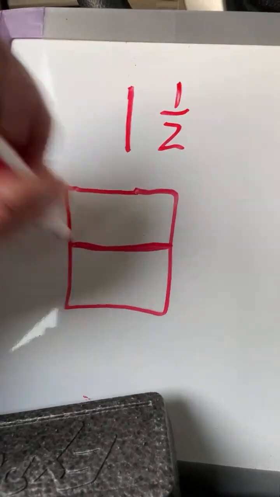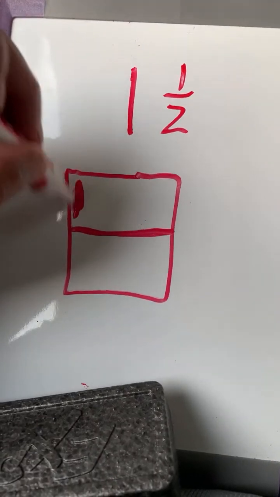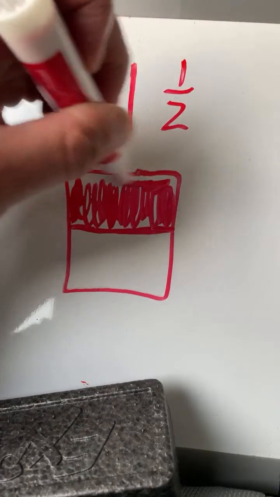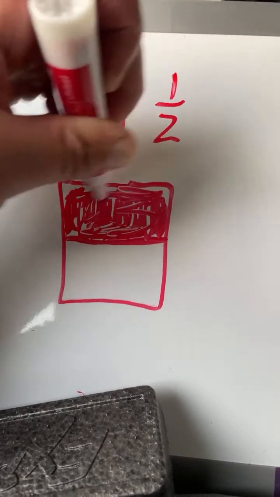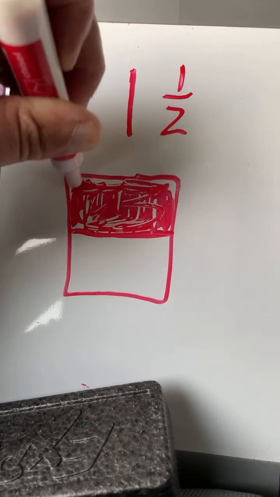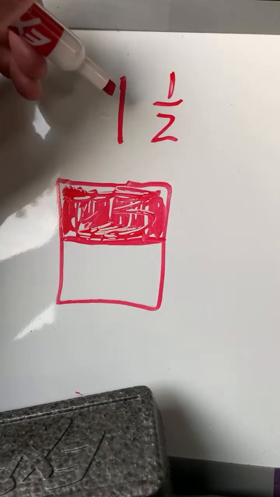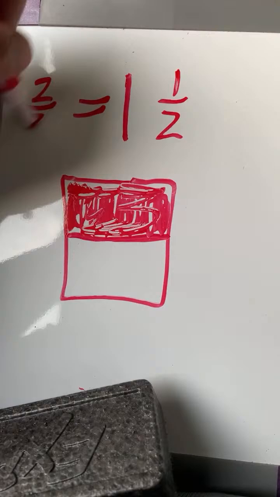So halves means there's 2 total parts, right? And one of those 2 parts is shaded. Now 1 whole would be equal to 2 out of 2, right?